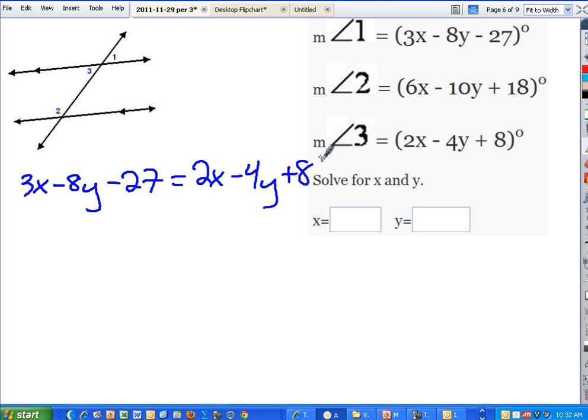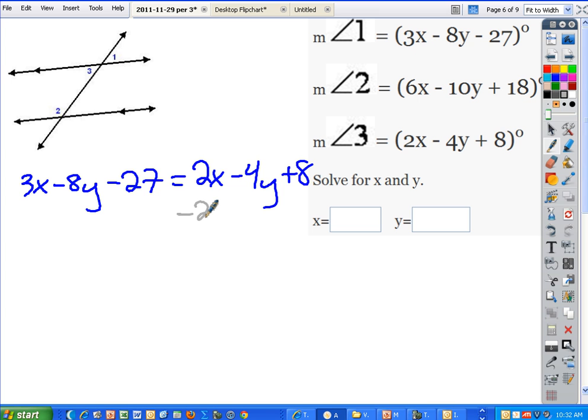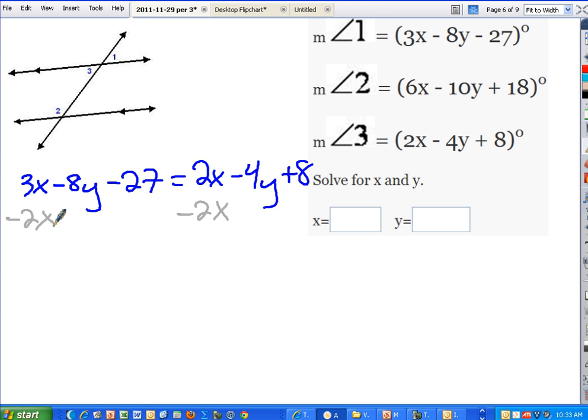So I'm going to push the x's and the y's to one side and the numbers to the other. I don't have to do that, but it just makes it simpler. So if I subtract 2x from both sides, I add 4y, and I'm going to add 27 to push the numbers over there.